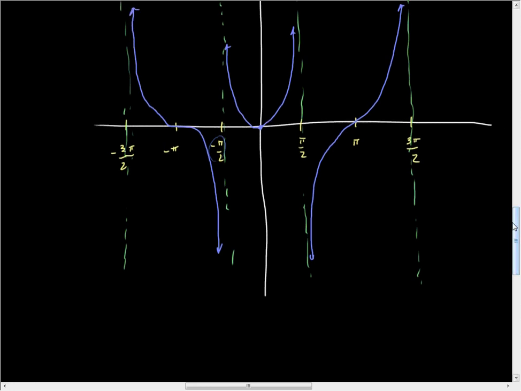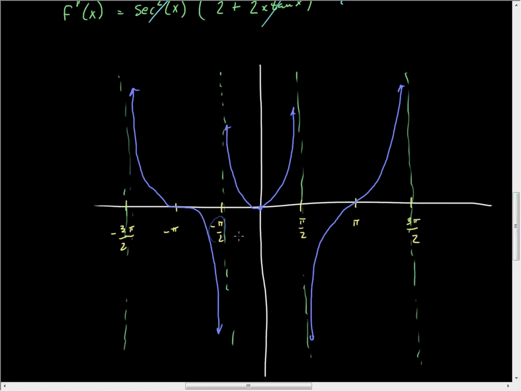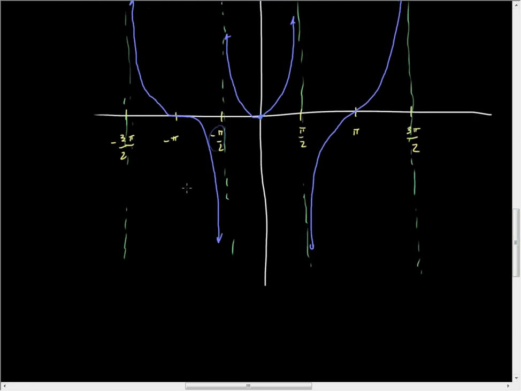Okay, so we've got sine is negative, we've got x is negative, and we've got cosine positive. Okay, that's why we get a positive outflow. Here we've got sine, cosine, and x all negative.